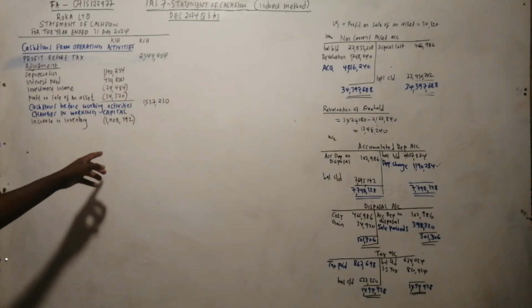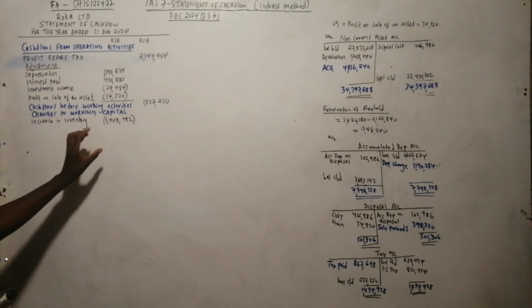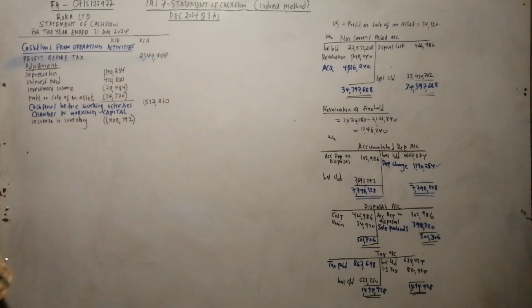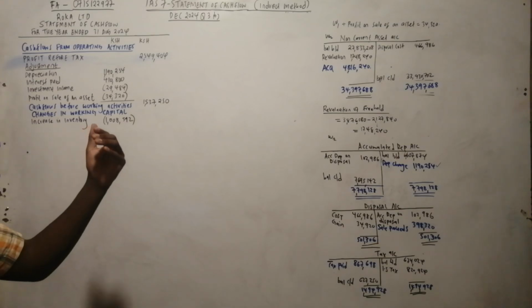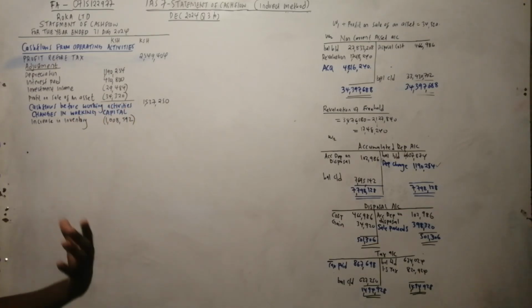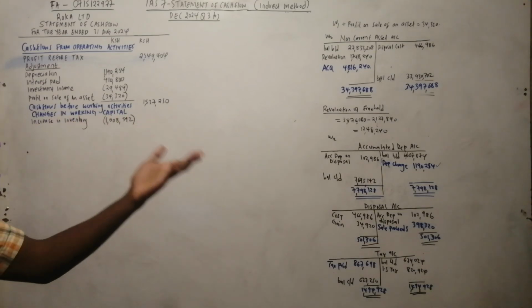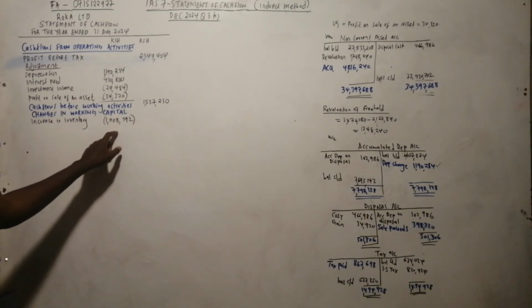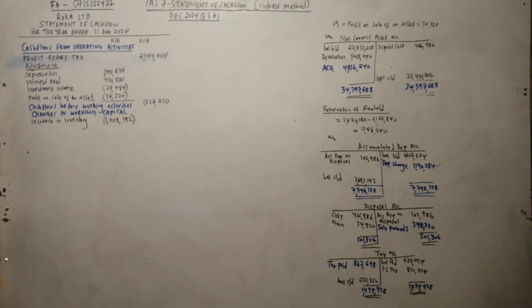So it is money out. When an asset increases, we purchase, and money is going out. So that's why we are lessing. Money out, we deduct.